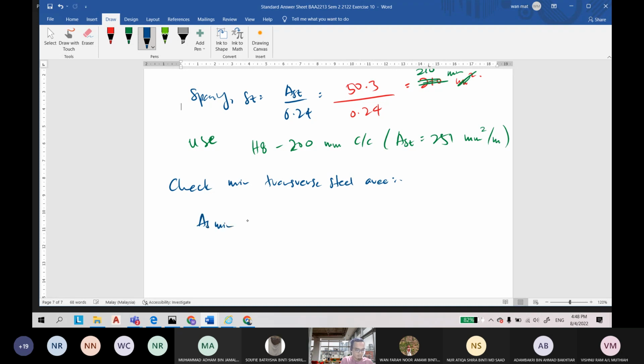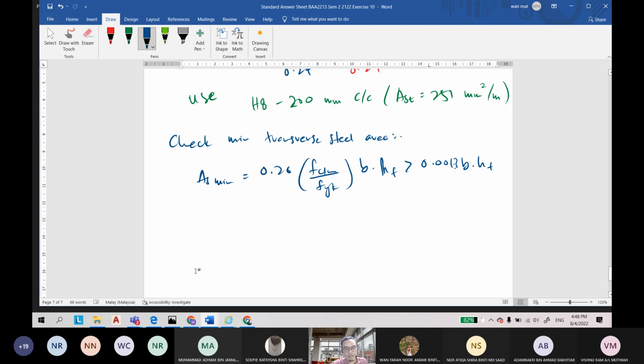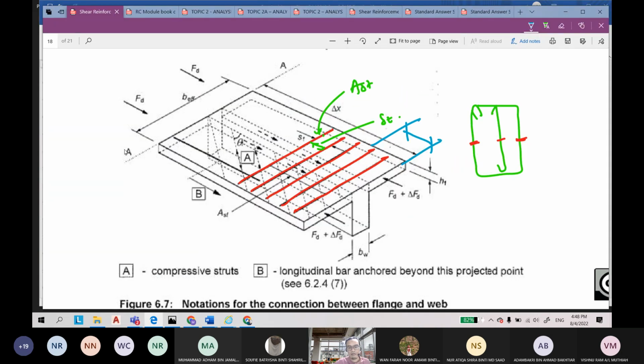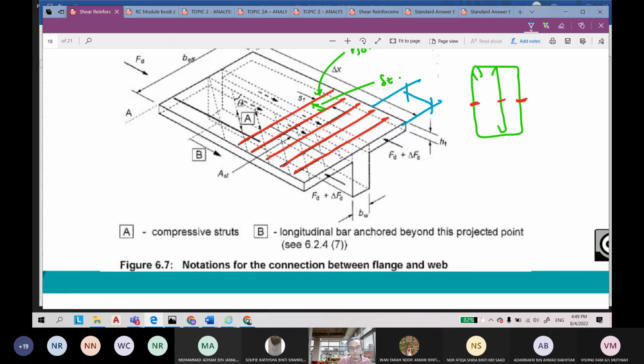AS minimum is equal to 0.26 times FCTM divided by FYK times B times HF, and it must be greater than 0.0013 times B times HF, because we consider this area. Our B here is equal to 1 meter or 1000 mm, and this is our HF. We design for this, based on the area.